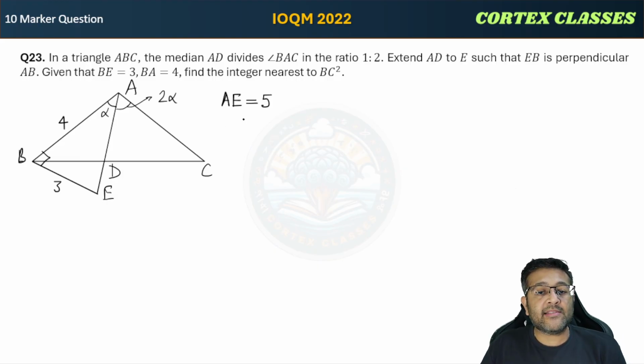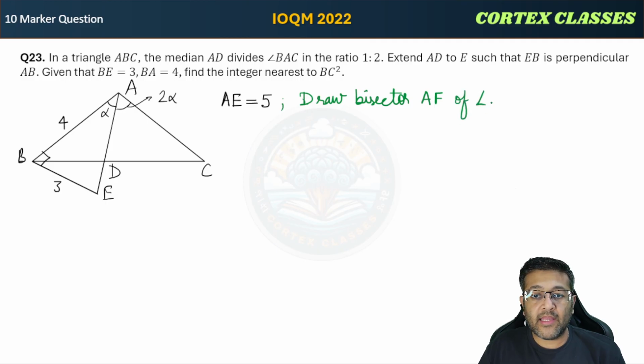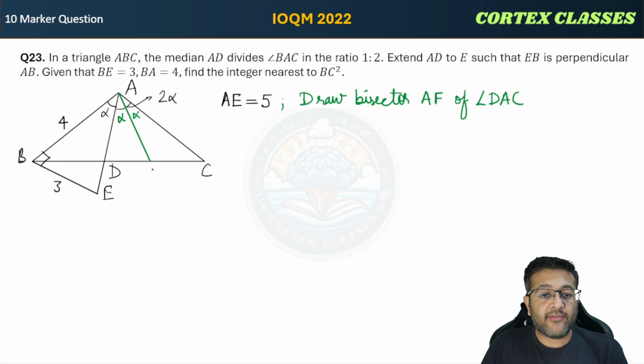In triangle ADC, we can use a construction. Let's do a construction here. Let's draw the angle bisector AF of angle DAC, because it is the angle 2 alpha. If we draw it like this, this angle is alpha, and this angle is alpha as well, right? And what is this point we have? F. Got it? Now guys, how does this help us?